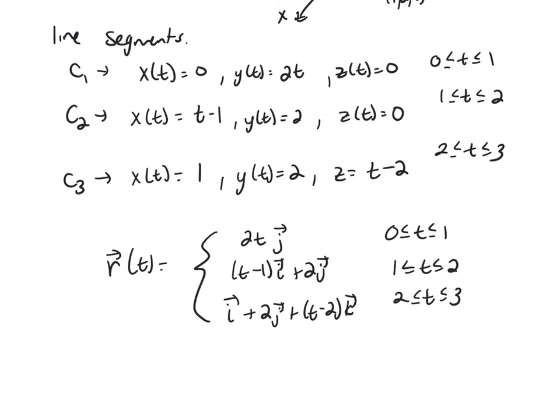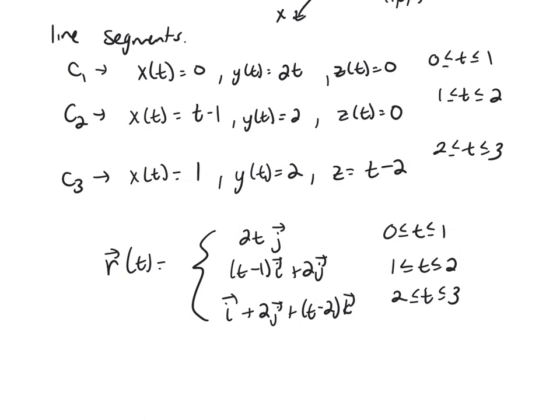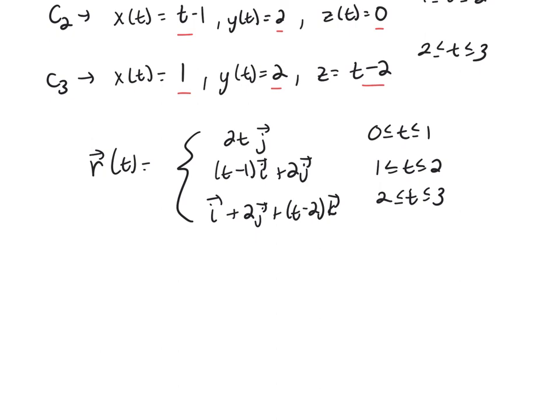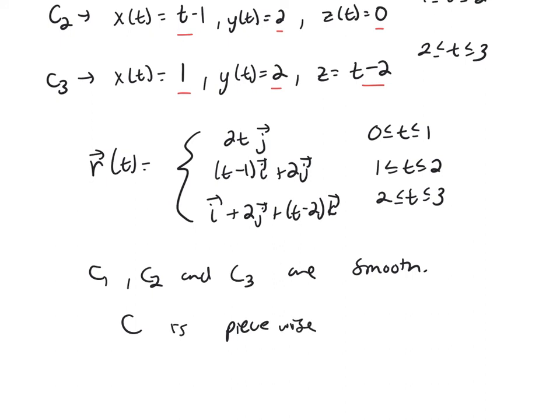And if you look at each individual curve here, all of these functions tell me that C1 and C2 and C3 are smooth, which then tells me C is piecewise smooth. But here's my parameterization.